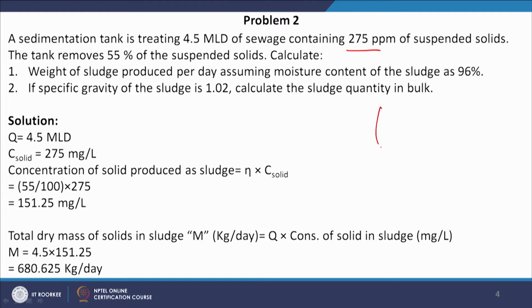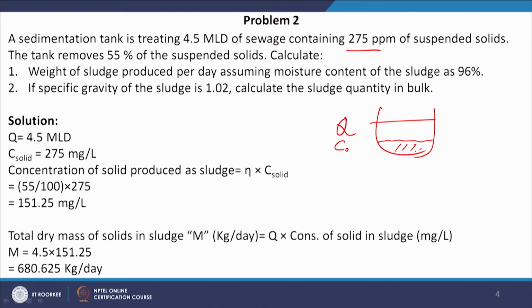So, if we have a tank, 55% of the solid will be coming here. Okay, so, what flow rate we are having, Q, it is having some C0. Total solid present in it we can see, and 55% of that solid is coming here.